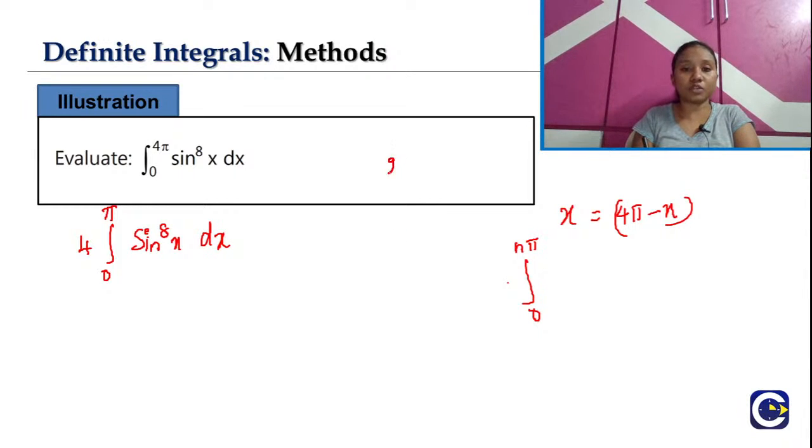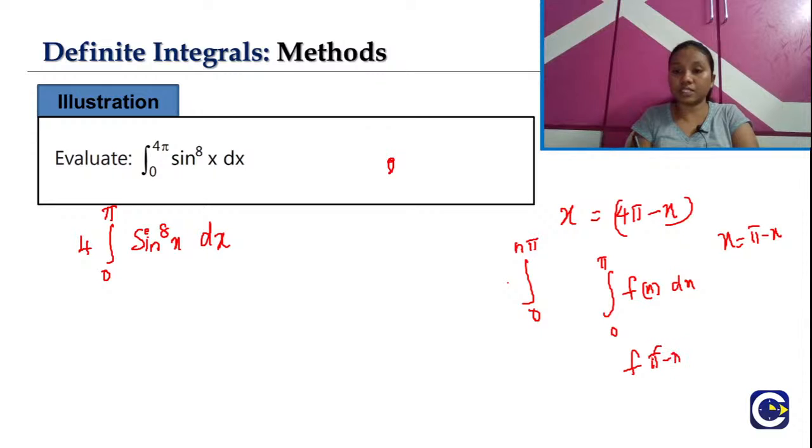I'll write the property here. If I have a function, integral 0 to pi f of x dx, and even after substituting pi minus x in place of x it remains the same, that means f of pi minus x equals f of x, then I can rewrite this integral as 2 times the integral 0 to pi by 2 f of x dx.